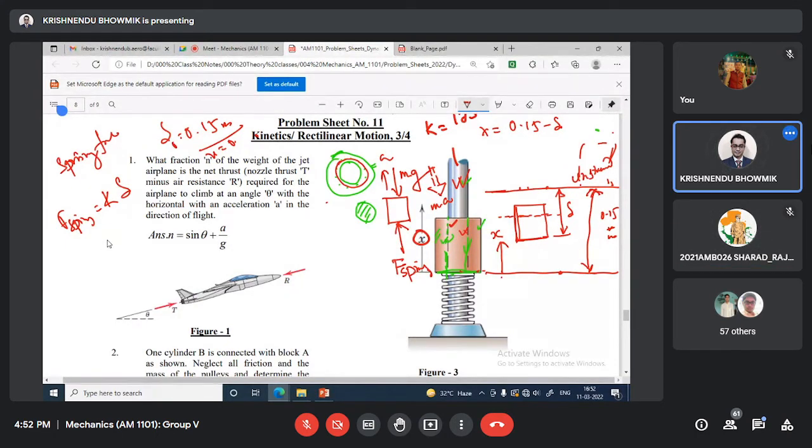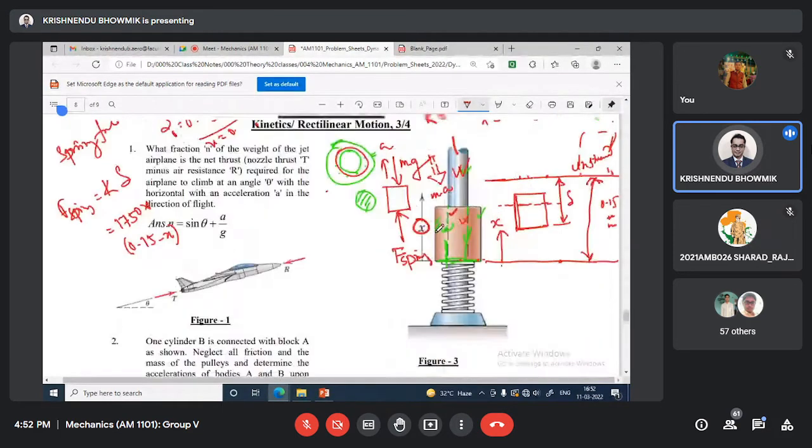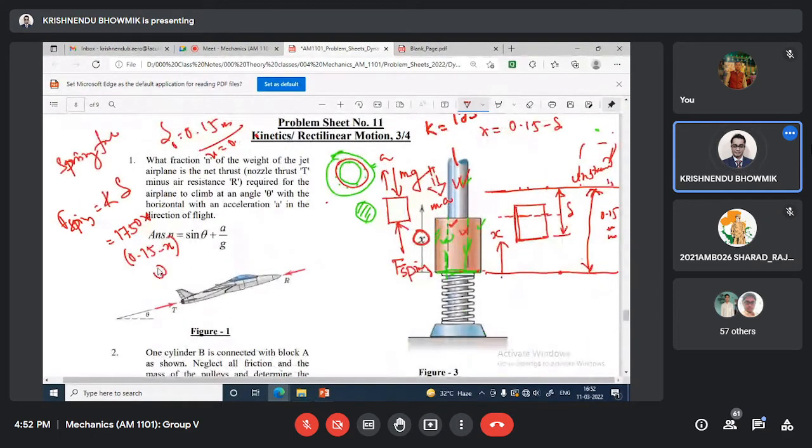That is 1750 multiplied by (0.15 minus x), when x is measured in meter. Why meter? Because I have converted this into meter. So this is the spring force.